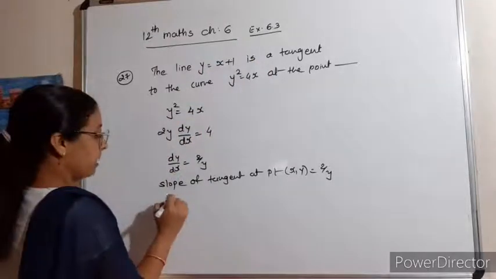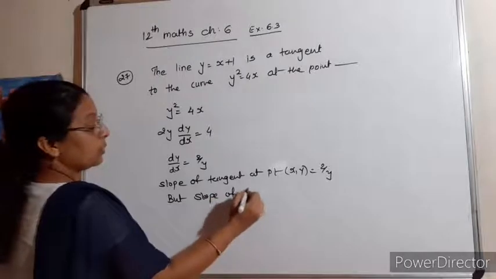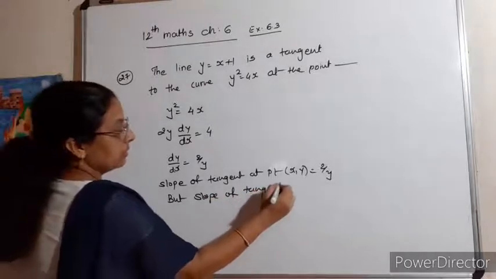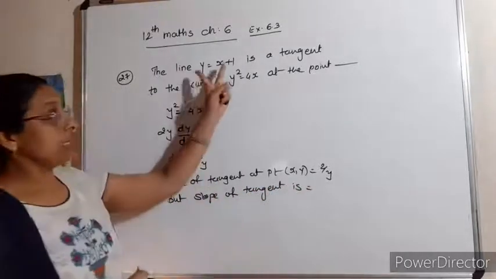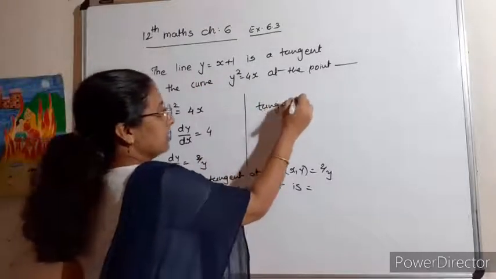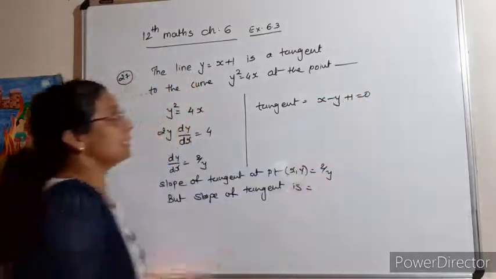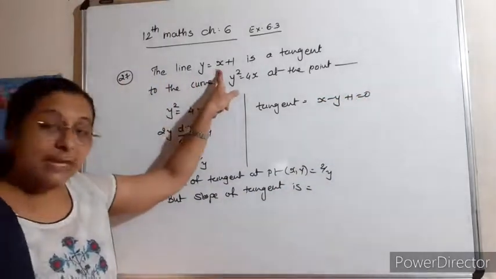So, but the slope of the tangent is from this, if the tangent is x minus y plus 1 equal to 0. This is y is equal to mx plus c form.